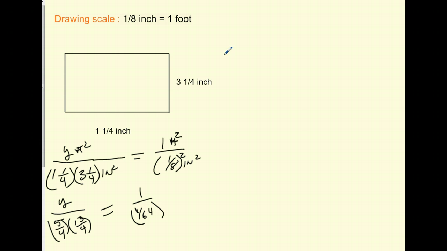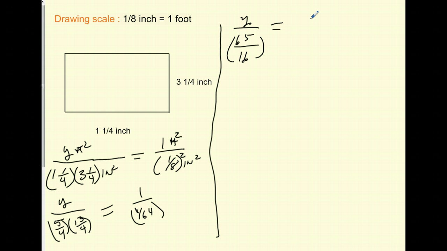So that's equal to, and I'll draw a line down here, divide that in parts. 5 times 13 is 65. 4 times 4 is 16. So 65 over 16 is equal to 1 over 64.